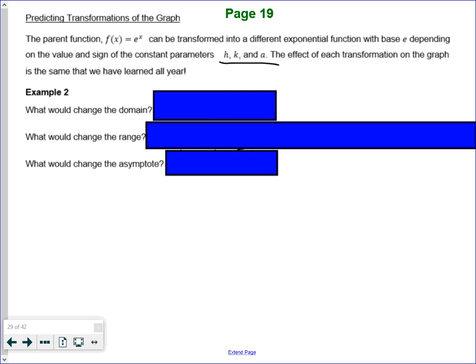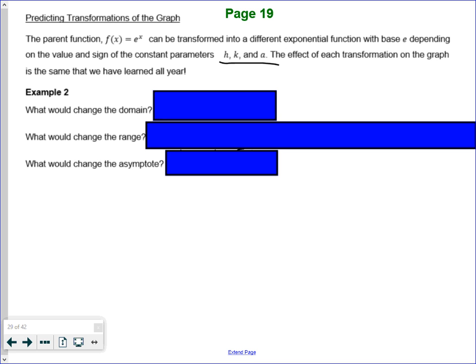We don't have any horizontal stretches or horizontal compressions, and we don't have any horizontal reflections like reflections over the y-axis. So we can only affect it by translating it left and right, translating it up and down, and stretching it vertically or reflecting it vertically over the x-axis, just like other exponential functions.